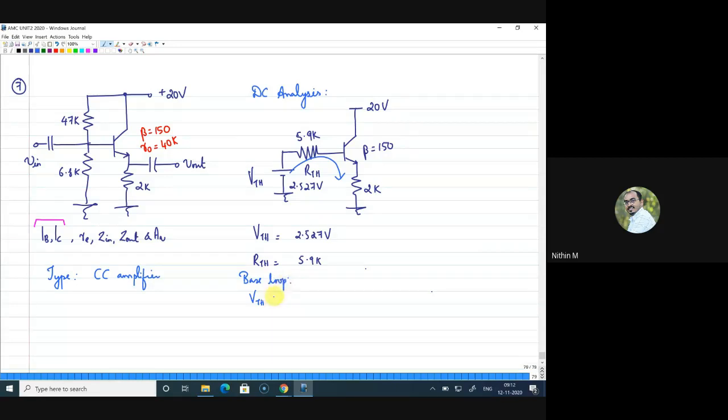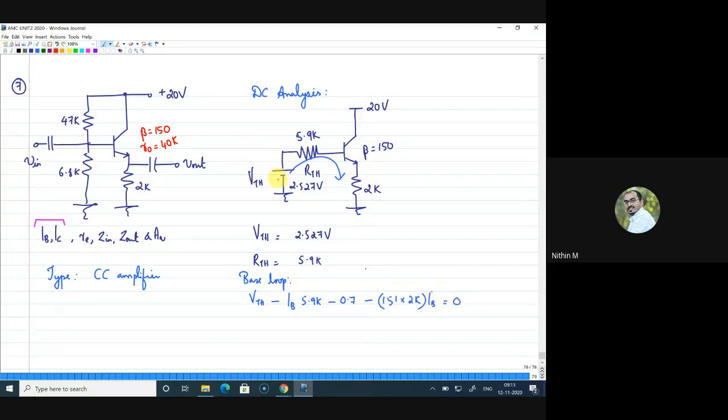The base loop is VTH minus IB into 5.9K minus 0.7 minus 151 into 2K into IB equal to 0.